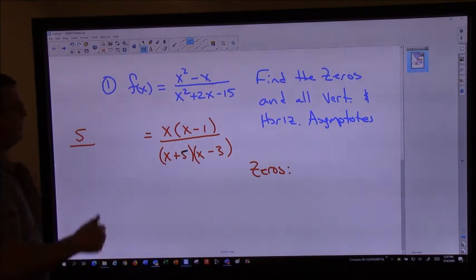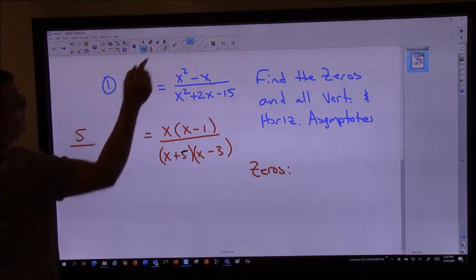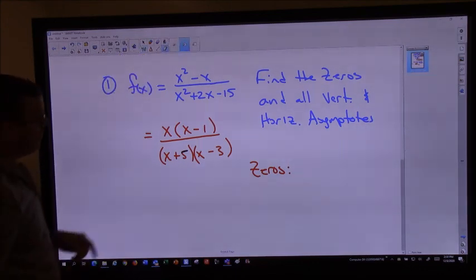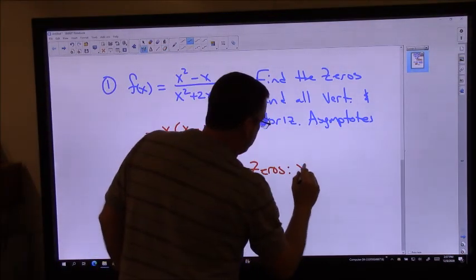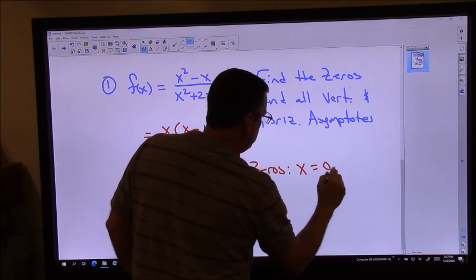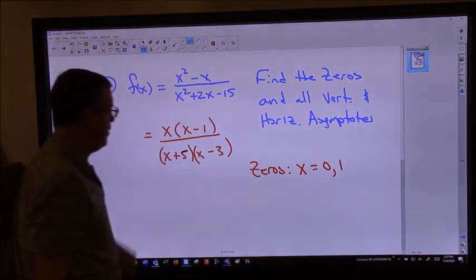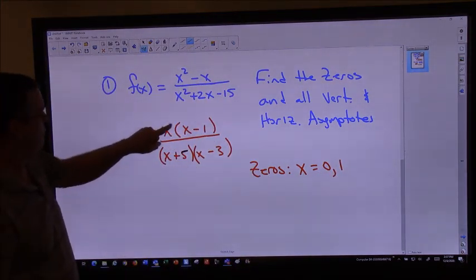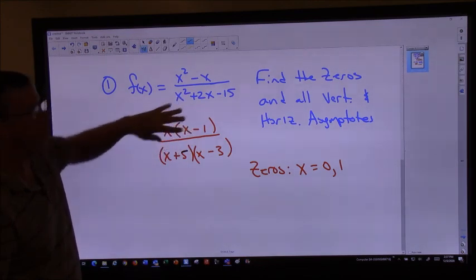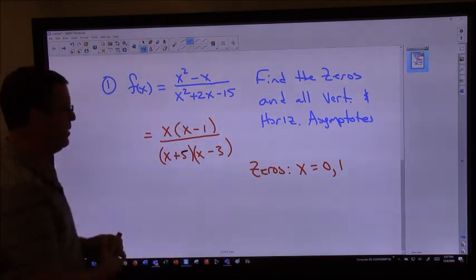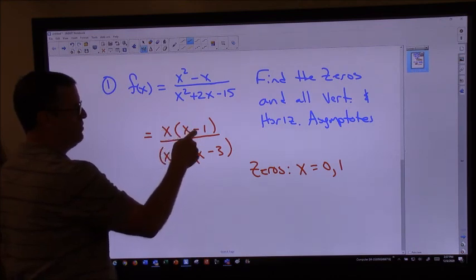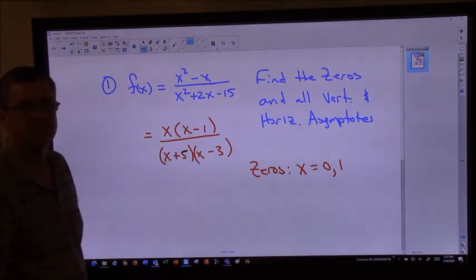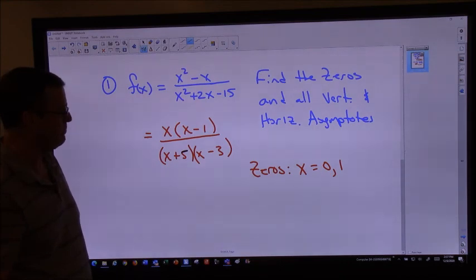Right? Alright, so the only way a fraction can equal 0 is if the numerator is equal to 0. So my zeros are going to be at x equals 0 and 1. If I plug a 0 in here, I've got 0 times a negative 1, which is 0, and the numerator equals 0. If I plug a 1 in here, I've got 1 times 0, and that equals 0. Okay? That's it.